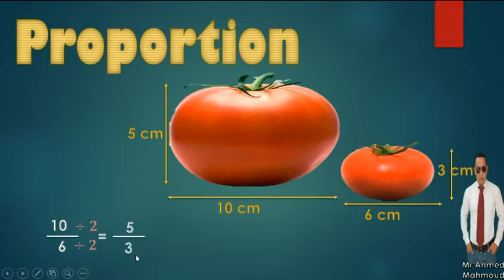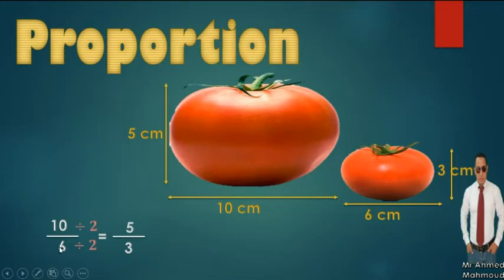The ratio 10 to 6 is the ratio between the length and the length, and the ratio 5 to 3 is the ratio between the width and the width. Now we find two equal ratios. Because of the two equal ratios, we found two symmetric, or harmonic, or proportional pictures like this.